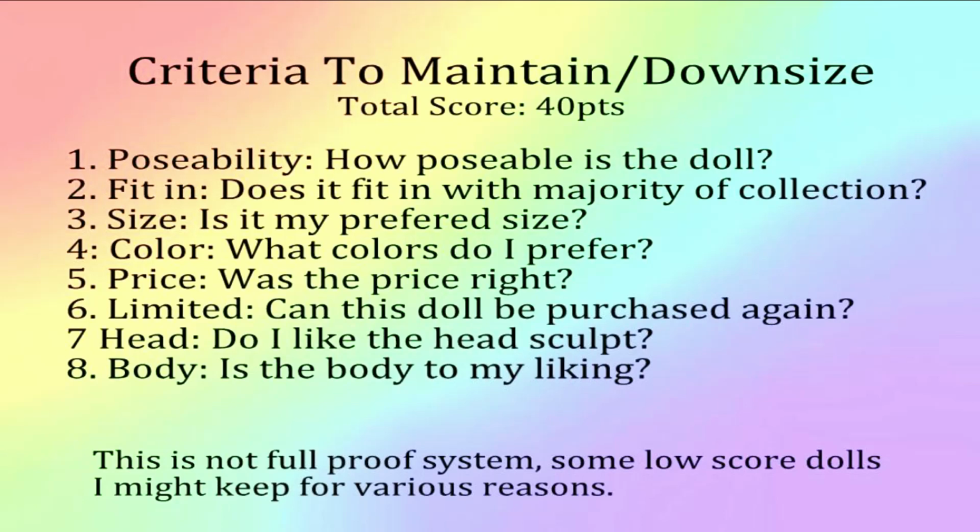These points can be different for everybody if there's something more important than what I have listed. And this is pretty much to just maintain or to figure out how to downsize the collection if I would like to do that. So the number one thing was posability. How posable is the doll?